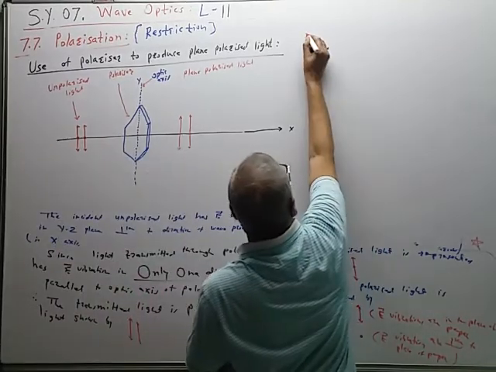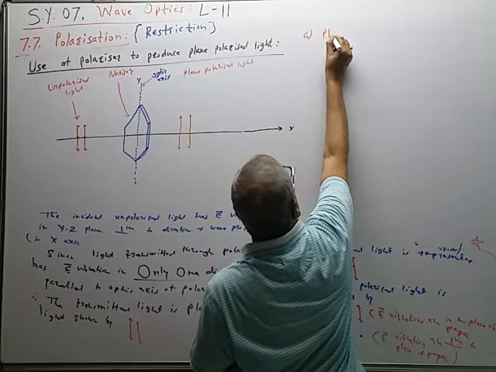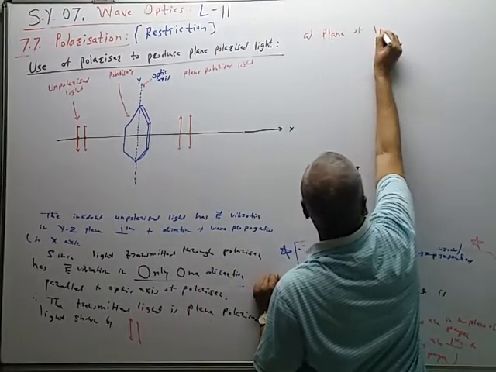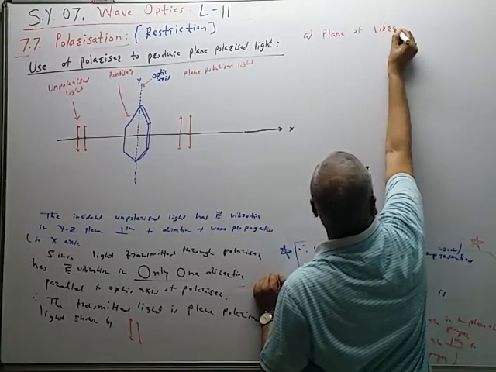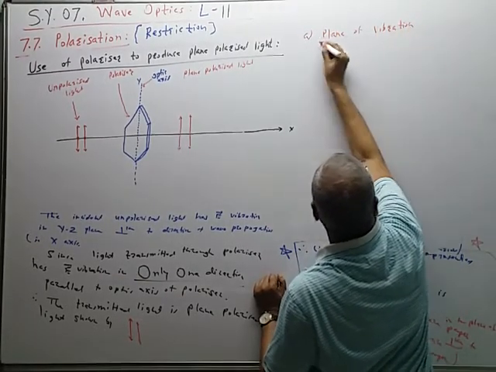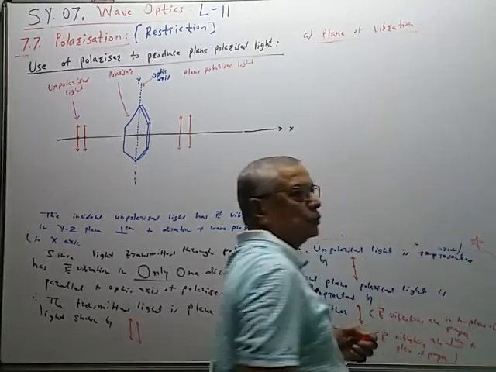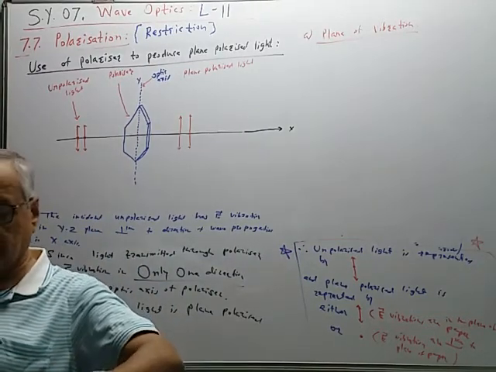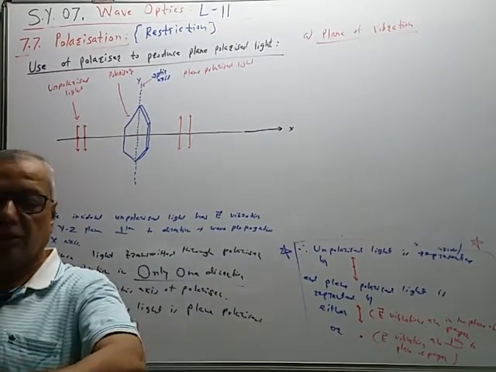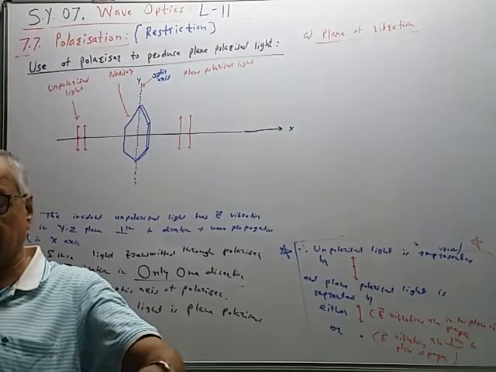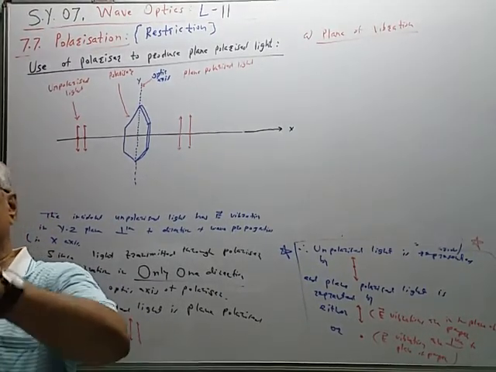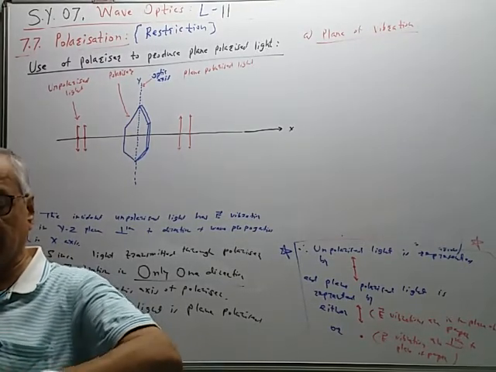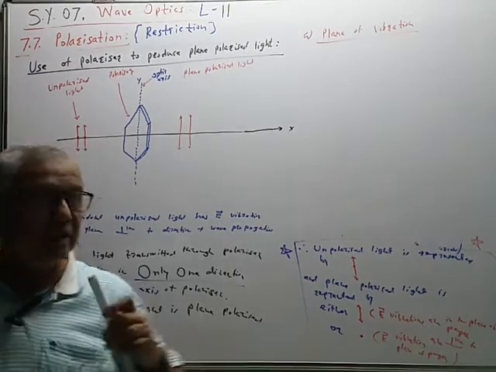What is meant by plane of vibration? The name itself suggests that this is the plane containing the electric field vibrations of the plane polarized light. So the definition can be given: the plane in which the electric field vibrations of the plane polarized light exist is called the plane of vibration. So the definition is very simple.